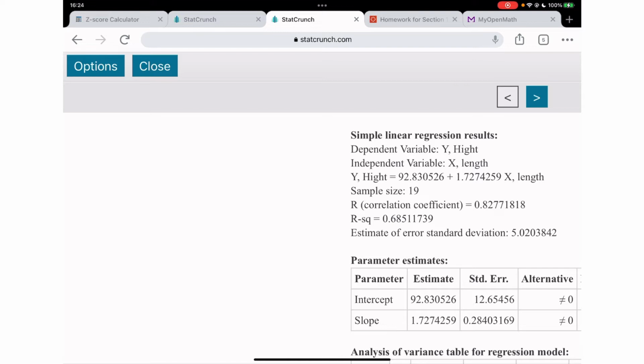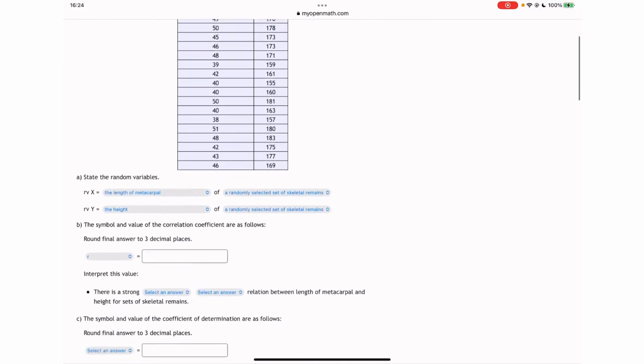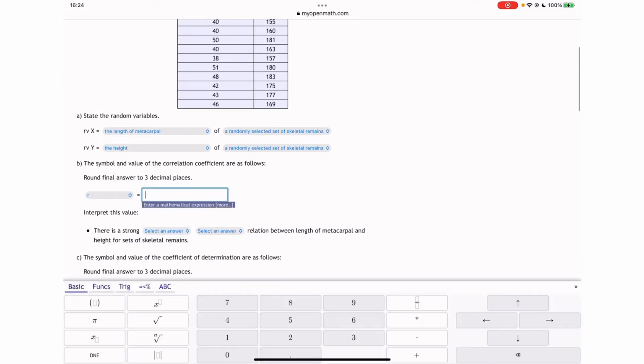So 0.828, let me plug it in here. Give me 1 second, let me check something.